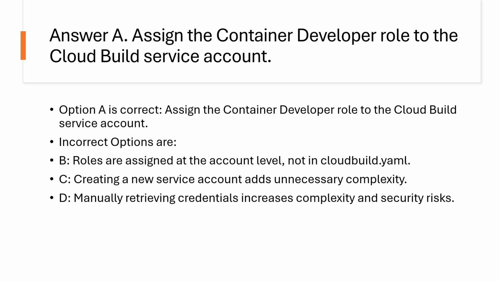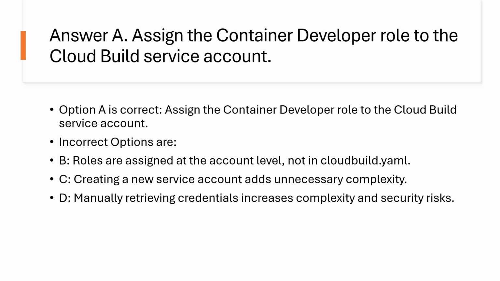Option B, specifying the container developer role in the cloudbuild.yaml file, is incorrect. Roles are assigned at the account level, not within the build configuration file. Option C, creating a new service account with the container developer role, is unnecessary and adds complexity.